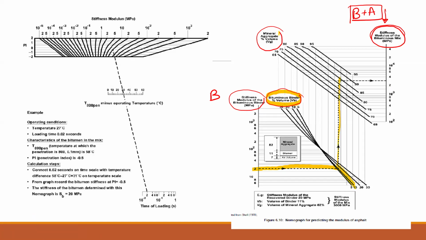And then if you know the volume percentage of the aggregate, here they have taken it as 82, you draw a horizontal line where it meets this one here. This is the modulus of your asphalt. So that's how we are going to find the modulus of asphalt. Is that clear? We'll do the question, but you know how we do it?